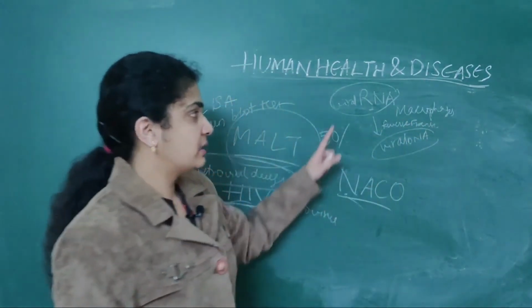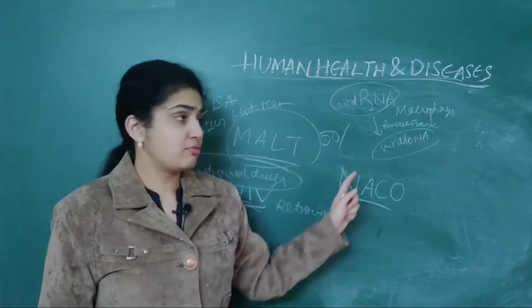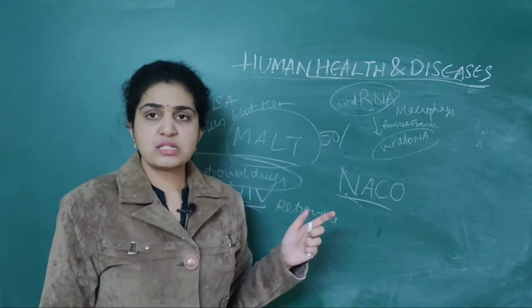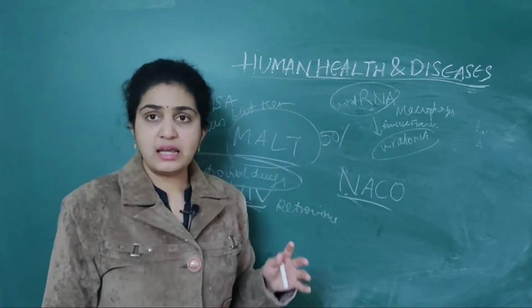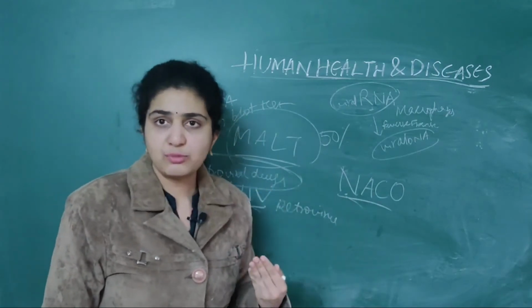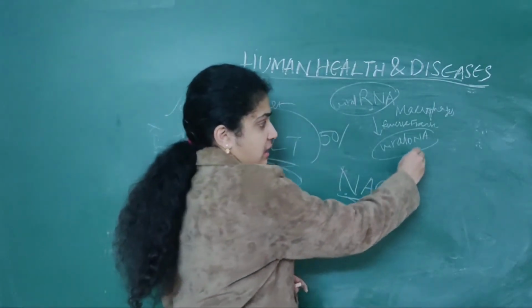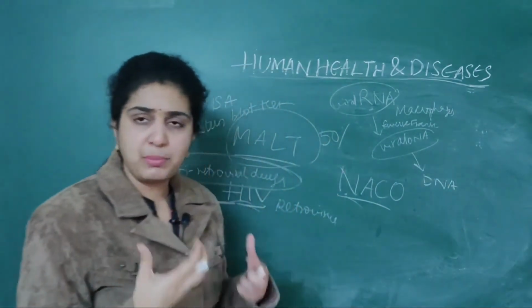So when viral RNA is entering into viral DNA, the reverse transcriptase enzyme will act, and it is mostly done in macrophages. This viral DNA will enter our host DNA, meaning the human's DNA, and there it will start replicating.